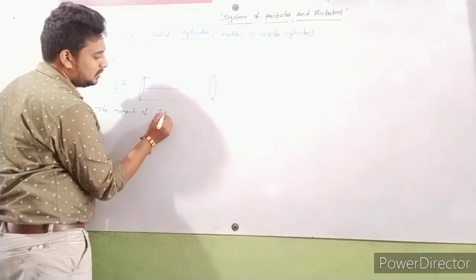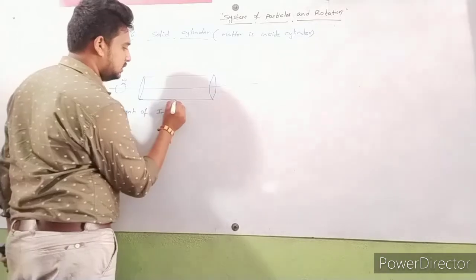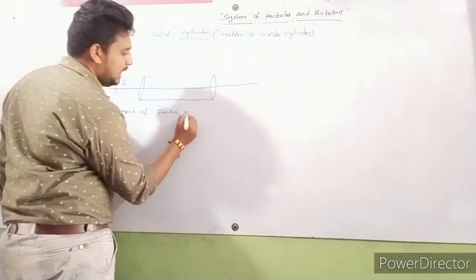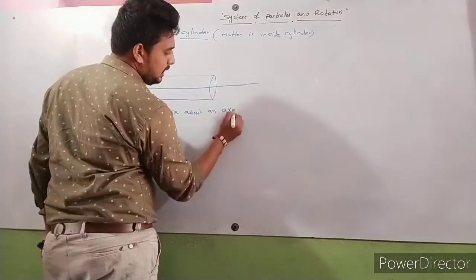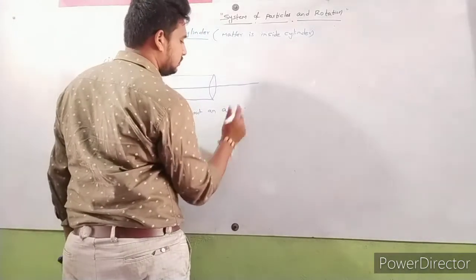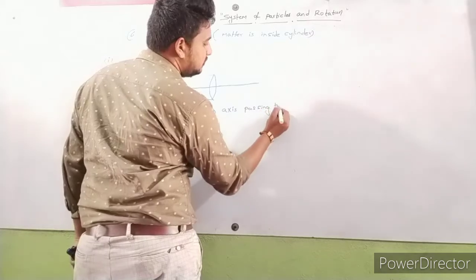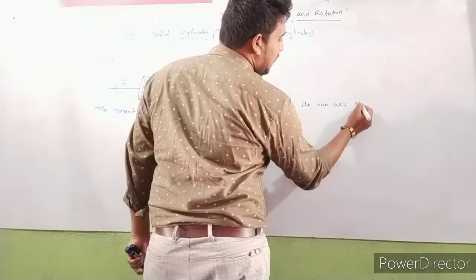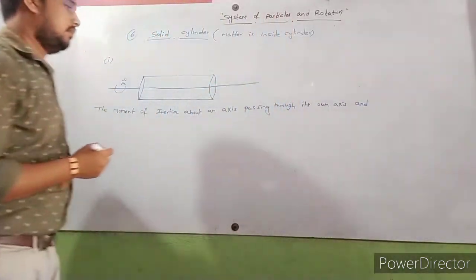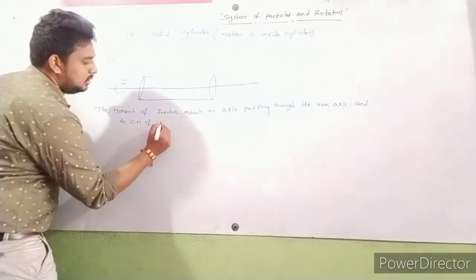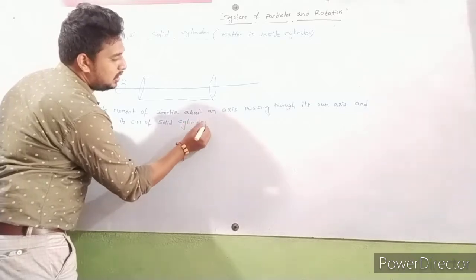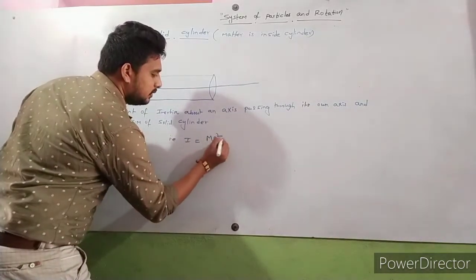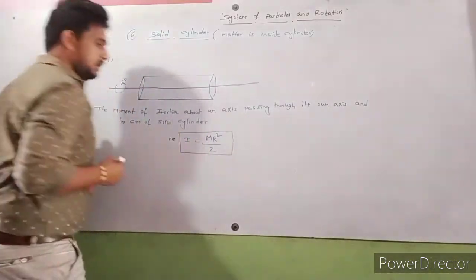Moment of inertia about an axis passing through its own axis and center of mass of a solid cylinder, that is I is equal to mr square by 2.